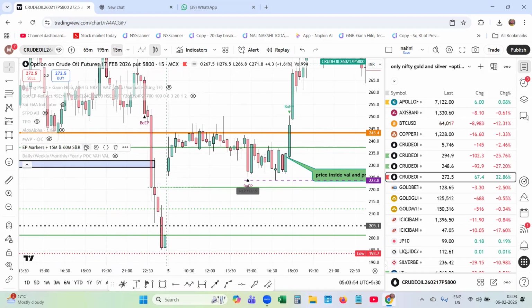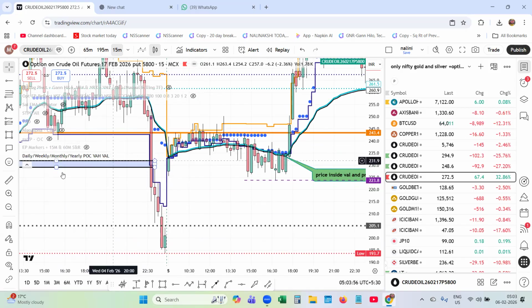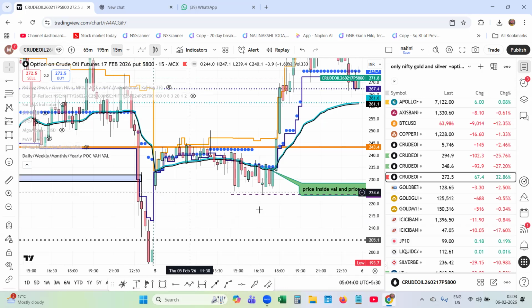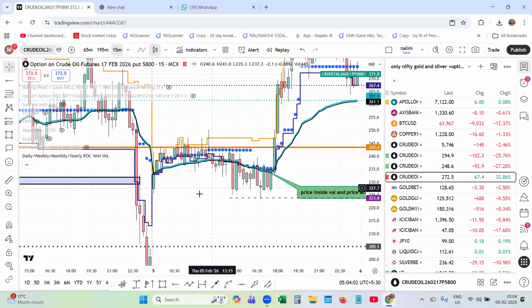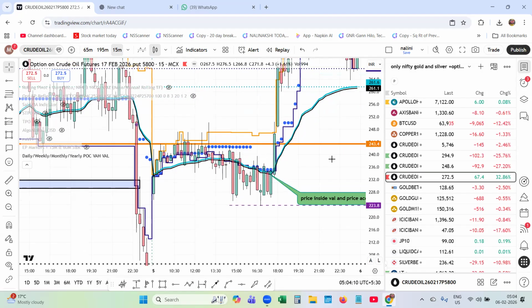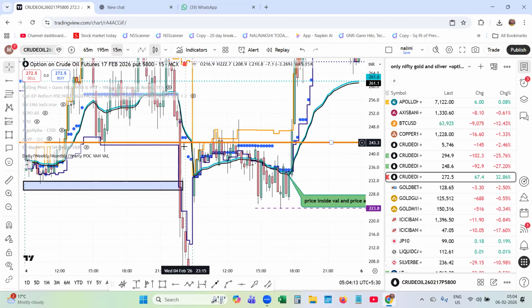Let me close this indicator and let me apply market memory POC over here. Market memory POC over here, this black line with blue color is option zone, prices moved, and the point of control was establishing over here.